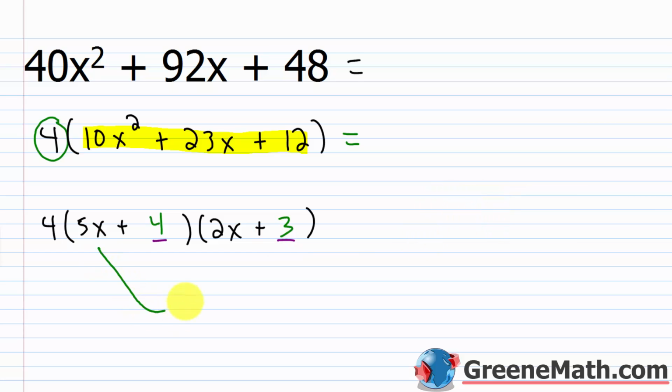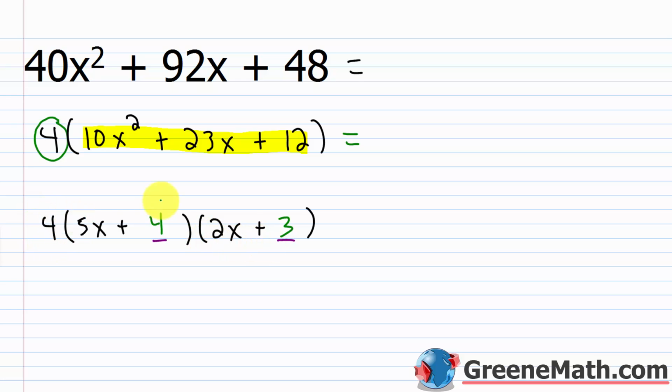So my outer here would be what? It would be 15x. My inner would be 8x. And it just so happens that 15x plus 8x does give me 23x. So we have correctly factored this as 4 times the quantity 5x plus 4, times the quantity 2x plus 3. And of course, you can check this.